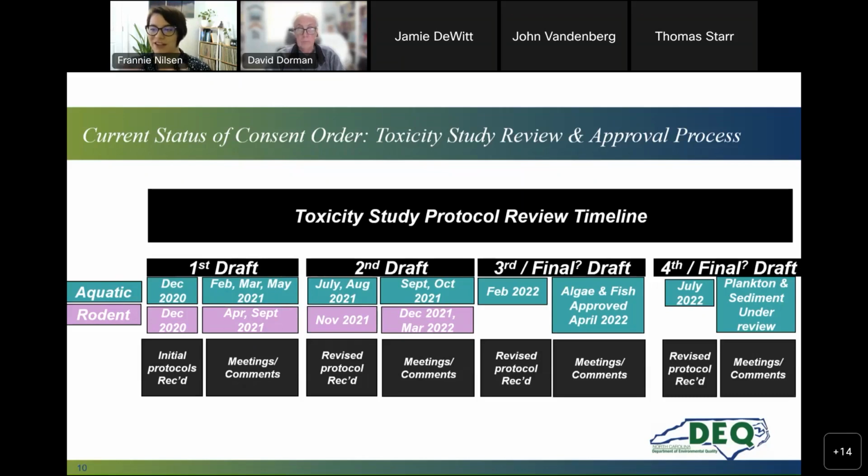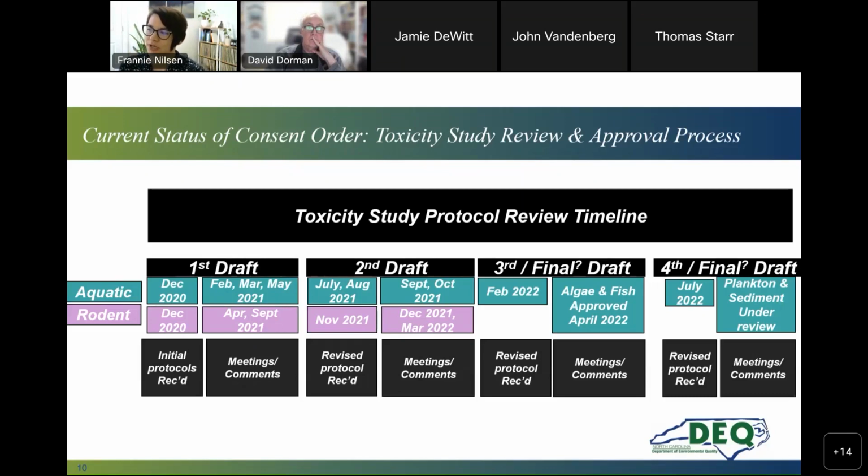We've had many meetings and conversations with Chemours throughout each of these draft processes, and that's why there are so many different months listed. The second draft for each, we also went through in different points in 2021. And then also the rodent conversations moved into March of 2022.